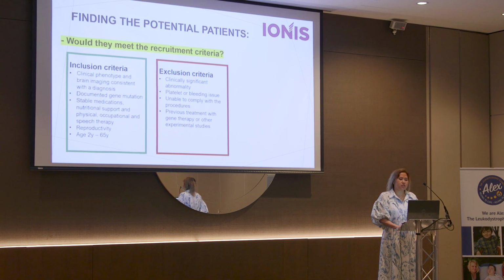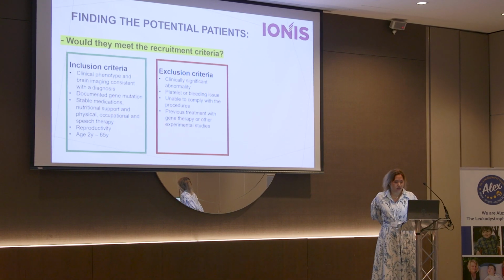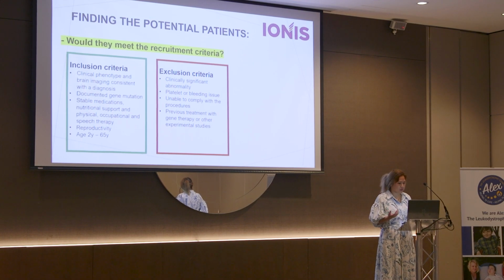Next one is the exclusion criteria. If they are very unwell, obviously they will not be able to come into the clinical trial. Because this is the intrathecal spinal injection, there could be a risk of bleeding into the spine. Therefore, they should not have any kind of bleeding issues.